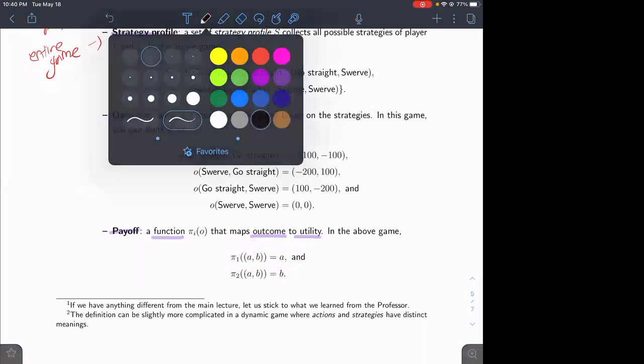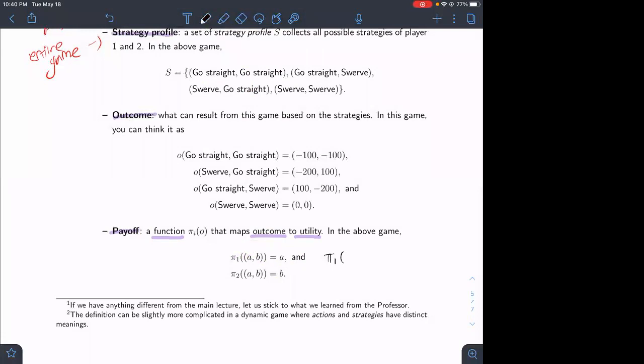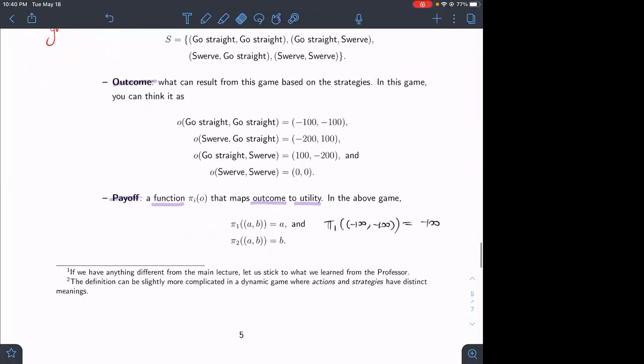Simply, if this was pi 1 of minus 100, minus 100, then the first player's payoff is the first element, minus 100. So this is what it is saying. Any questions for the payoffs? Okay.